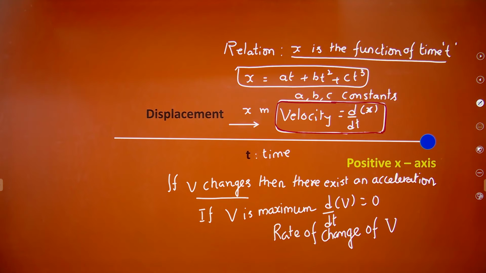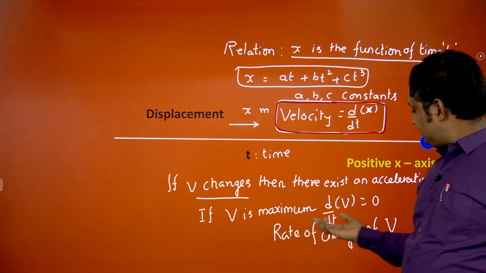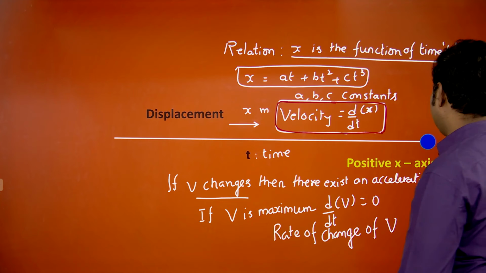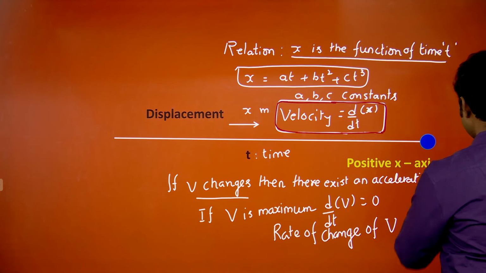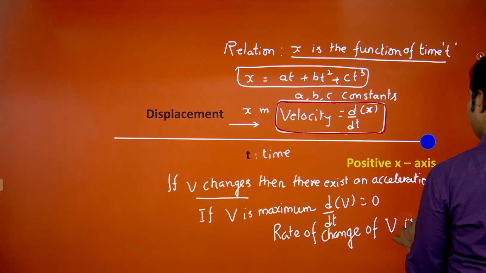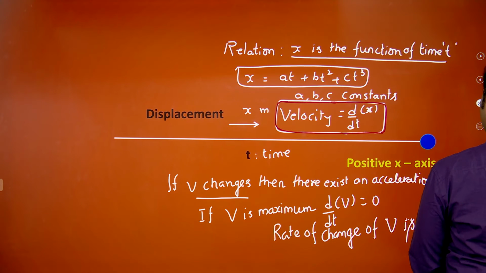If v changes, then there exists an acceleration. All right, it's very clear. If v is maximum, then dv by dt is going to be 0. The rate of change of v is going to be 0. Yeah, it's very clear.